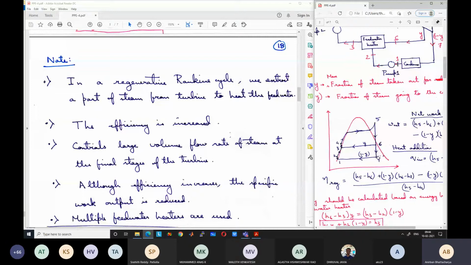And what is the negative effect of having a very large cross-sectional area of the turbine? Can anyone say? We have discussed this in the first one or two classes. If the turbines have a very large cross-sectional area for the flow to occur, what is the disadvantage? Or the flow area of the turbines is increased.